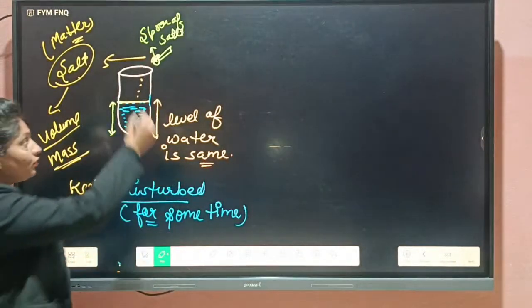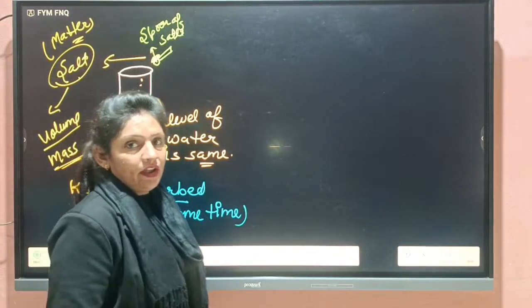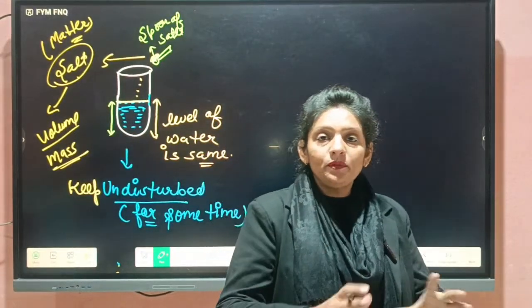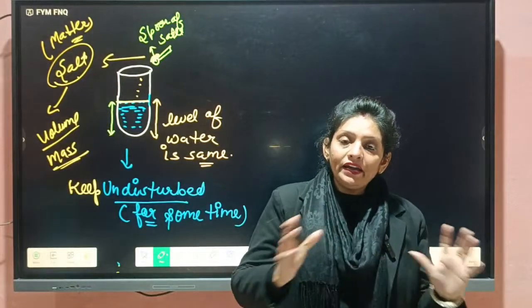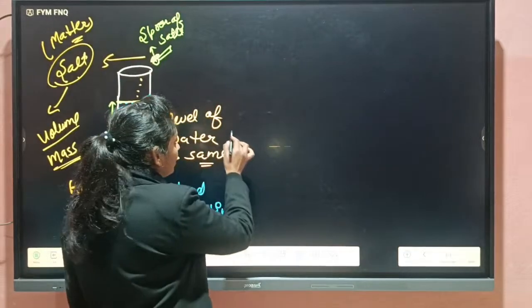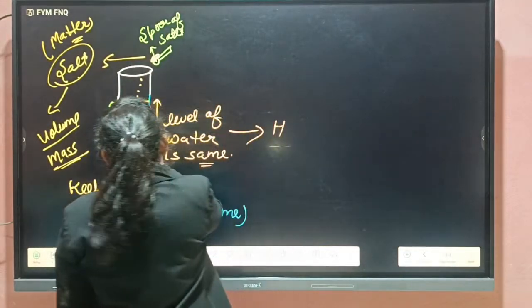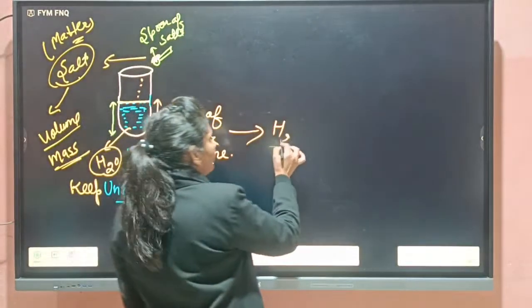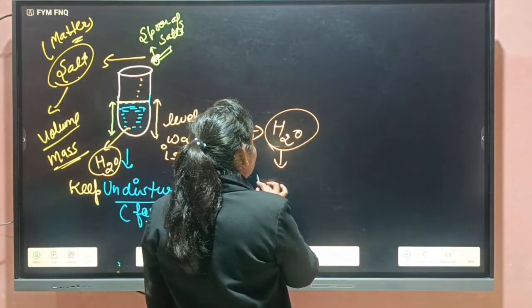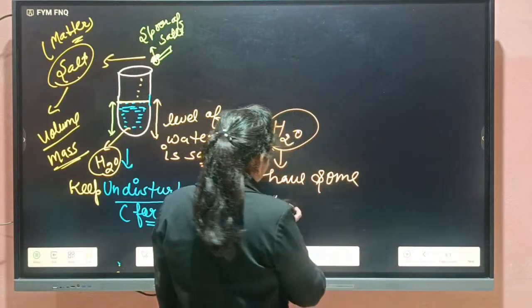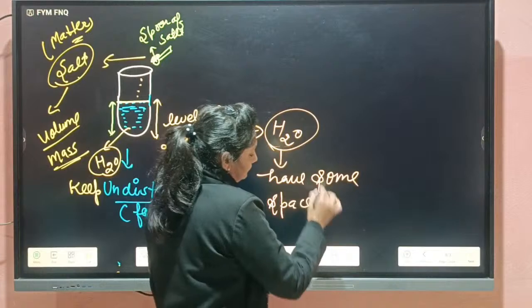But students, we are adding salt, and salt also has volume, so there should be an increase. Why is the level not increasing? Because these water particles, the water molecules present here, have some space between them.